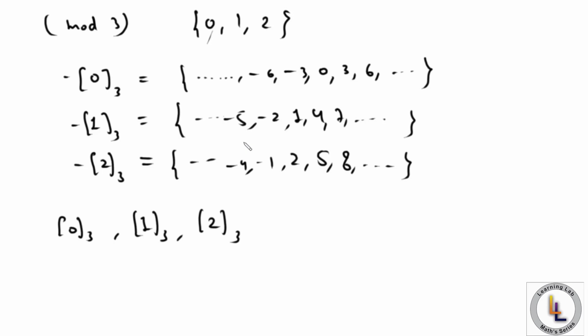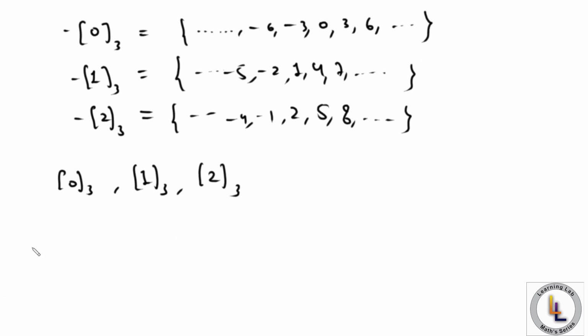For example, for the first residue class when dealing with mod 3, we have -6, -3, 0, 3 and 6. To represent this class, we can use the least non-negative integer, which is obviously 0, written as 0 mod 3.